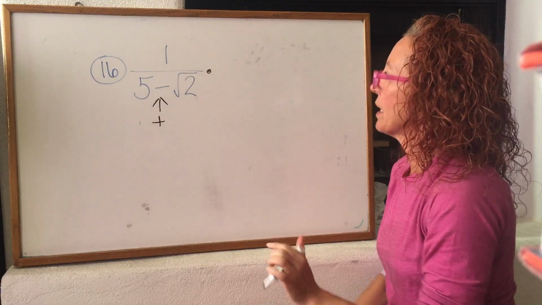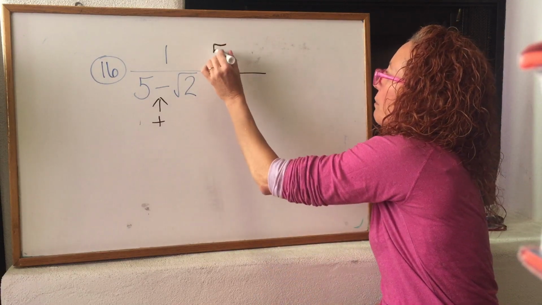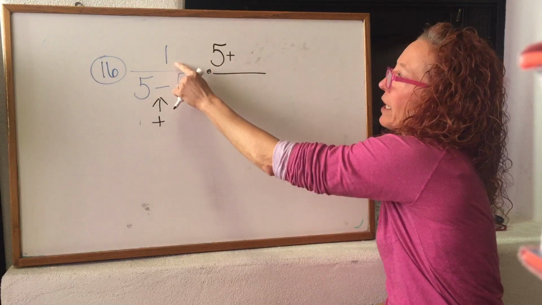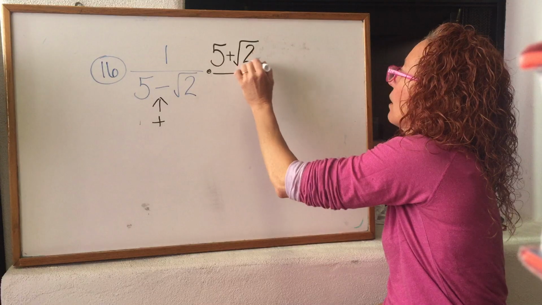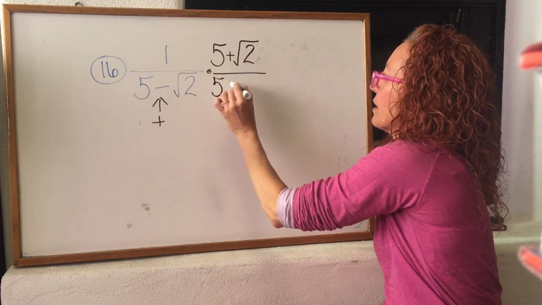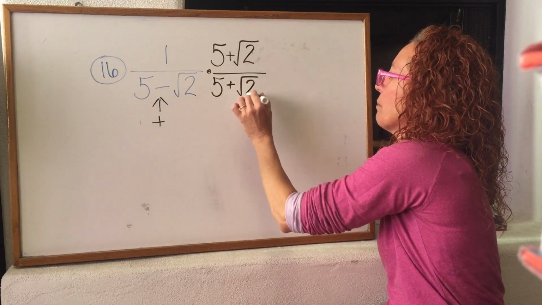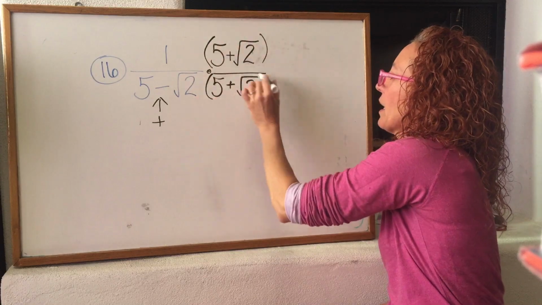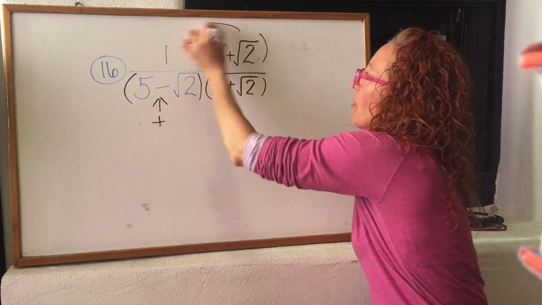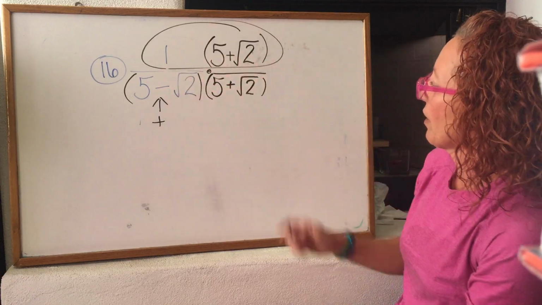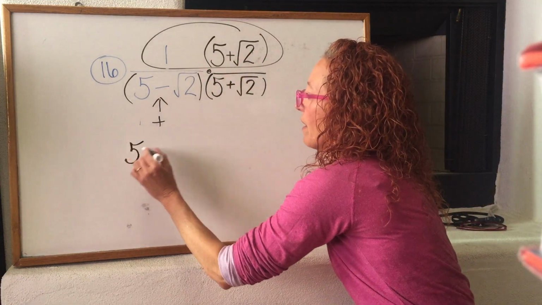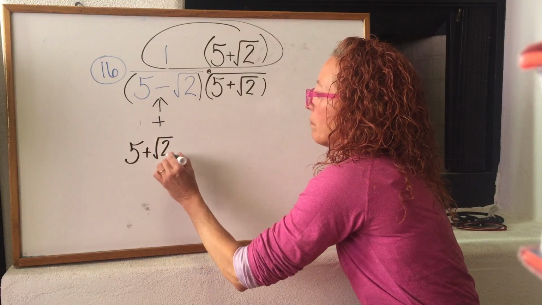Everything else stays the same. So we're going to multiply both the numerator. Look at how I gave it to you as just being a 1. And I think I did the same thing on the test as well. It didn't used to be, but I'm trying to streamline again. So this is kind of just done, because when you multiply through by 1, obviously it's just going to be that. So the numerator is going to be 5 plus radical 2.